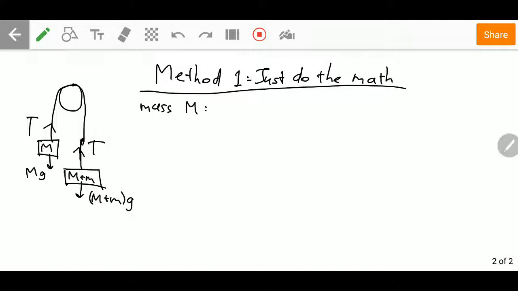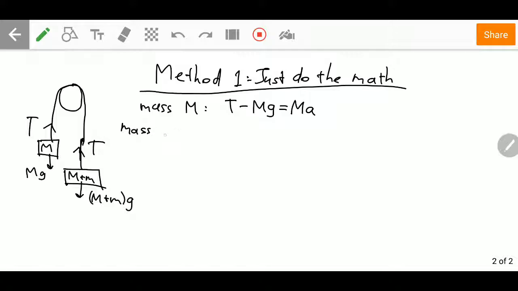We get that T minus Mg is equal to M times a, where a is the acceleration of both blocks. This will be important because we'll be able to use the fact that the acceleration is the same for both blocks to have an equation in just one variable, which is T.